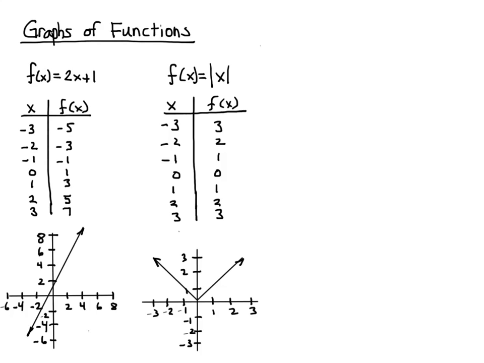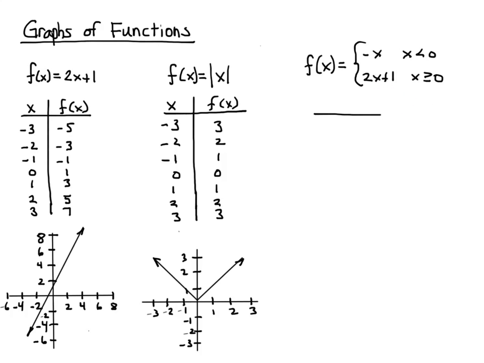So let's have a piecewise function here that combines these two. So when x is less than 0, I'm going to make this negative x. And when x is greater than 0, I'm going to make it 2x plus 1.